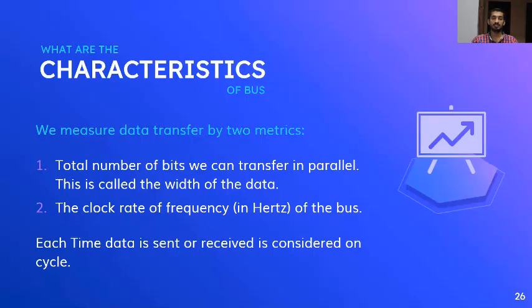Number 2 is the clock rate or frequency in hertz of the bus. Every component of the computer has a transfer speed, and in the case of a bus, the transfer speed is measured in hertz. Each time data is sent or received is considered a cycle.